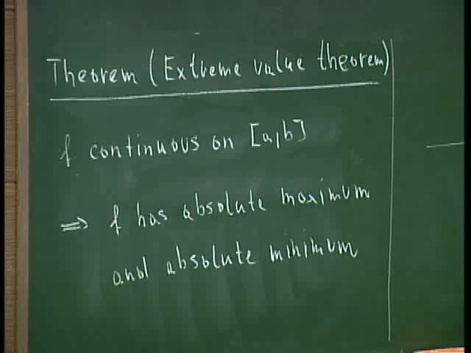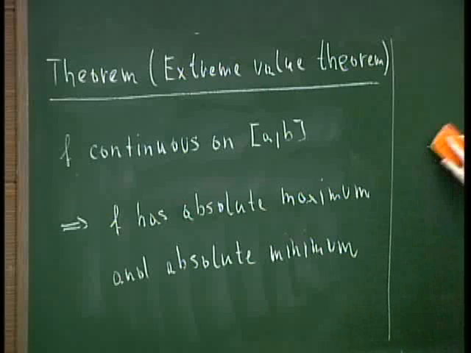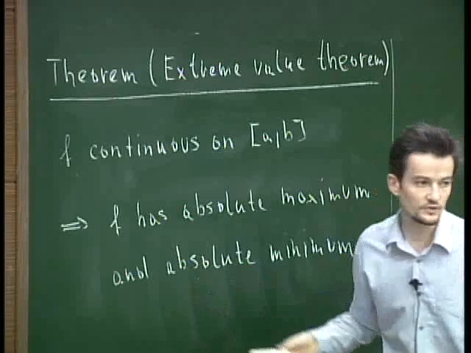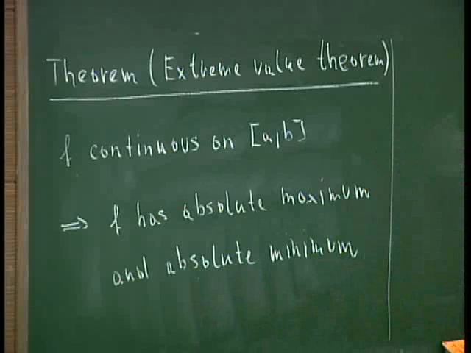Okay, so I guess this is a result you easily believe. If you check some examples, you see that it seems that this is indeed true. You should notice that we are talking here about absolute extrema.